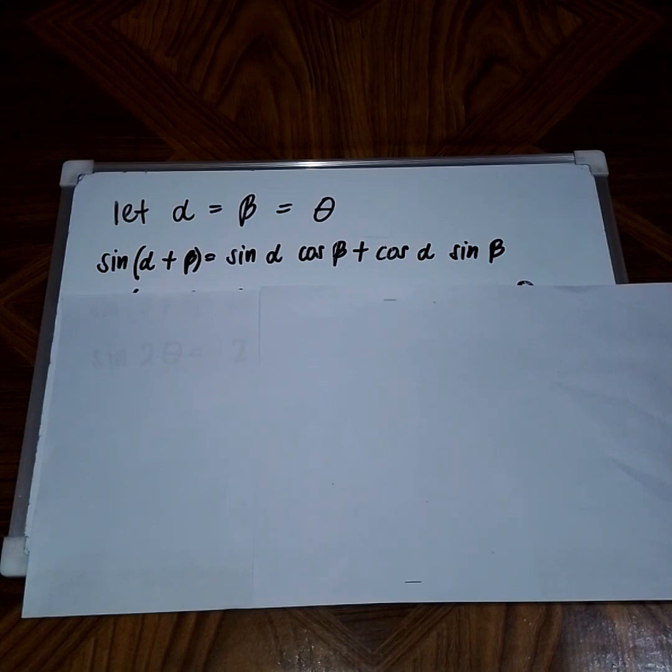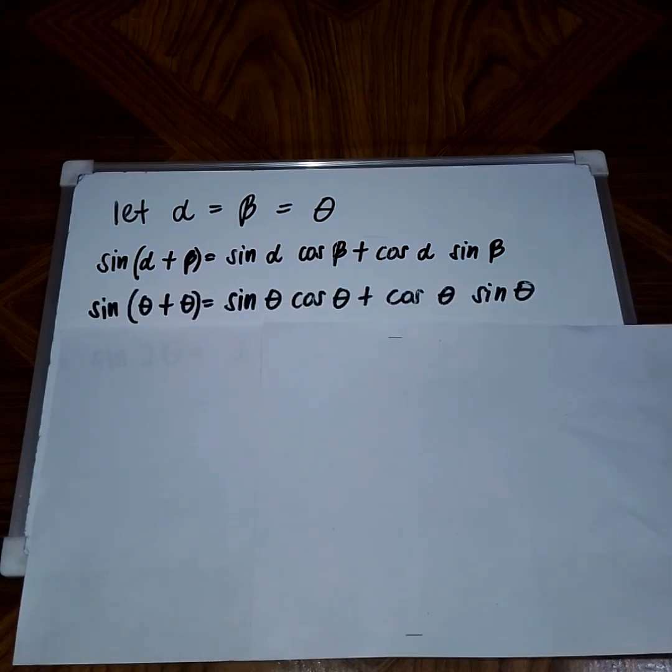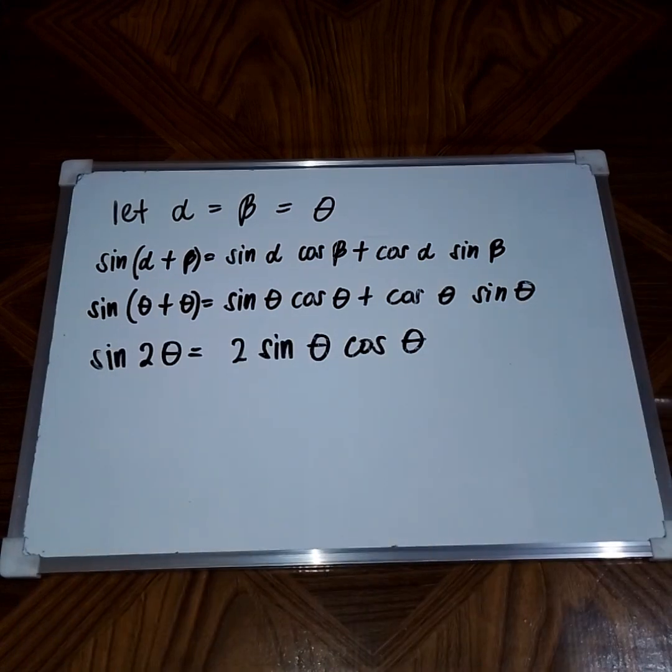It will be equivalent to sin theta plus theta equal lang kay sin theta cosine theta plus cosine theta sin theta. By commutative property of multiplication, si sin theta cosine theta, equivalent natin kay cosine theta sin theta. So, pwede nating i-simplify ito na sin 2 theta, equivalent natin ito kay 2 sin theta cosine theta.